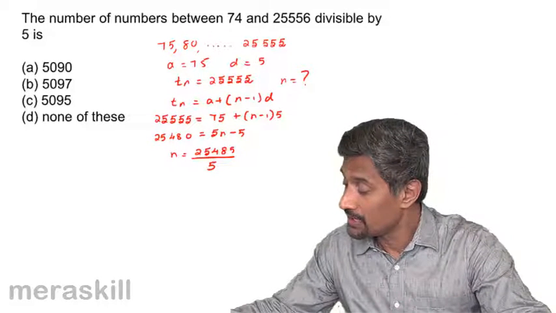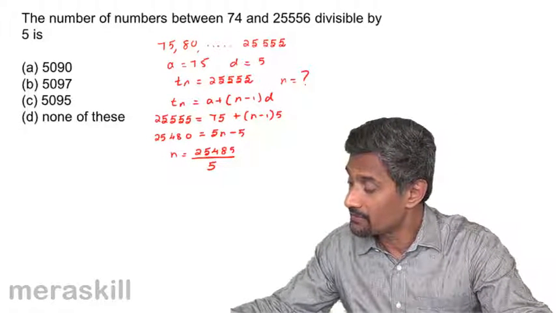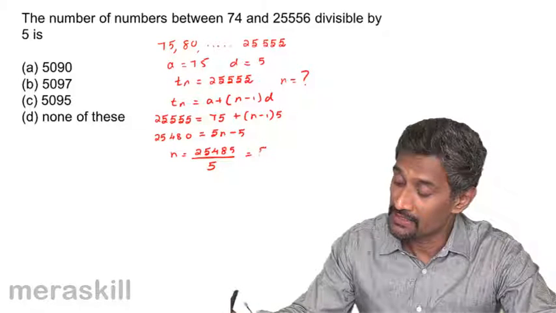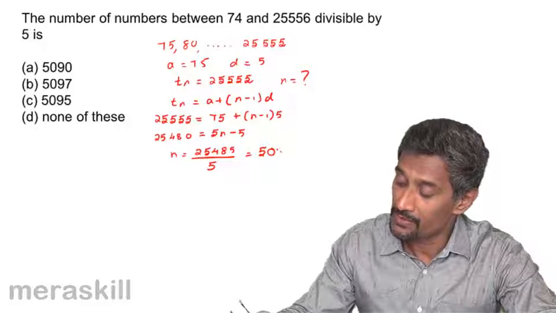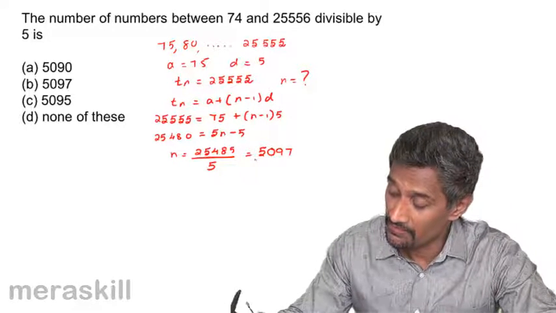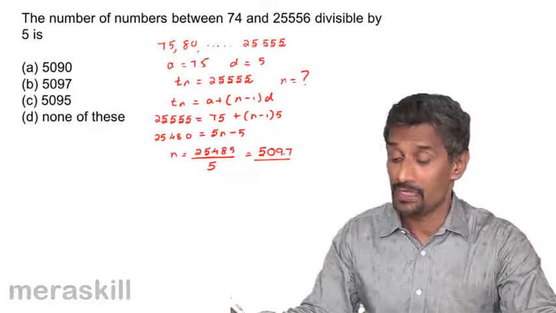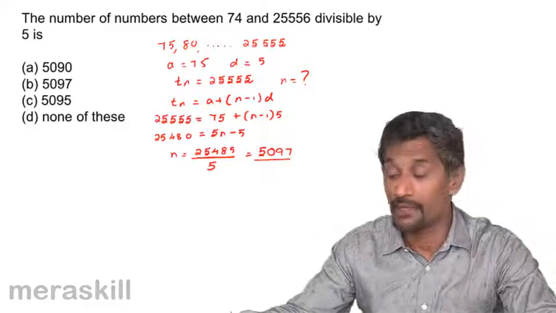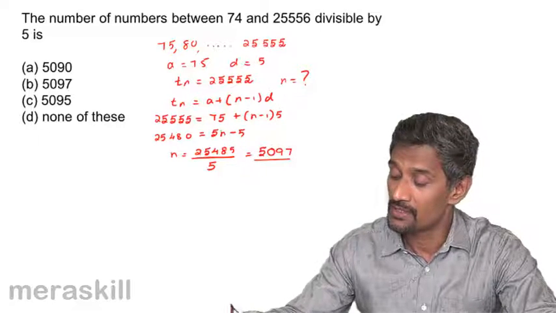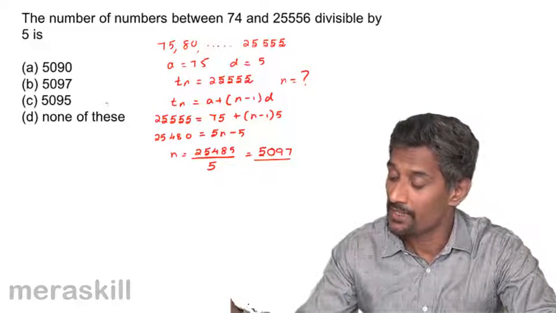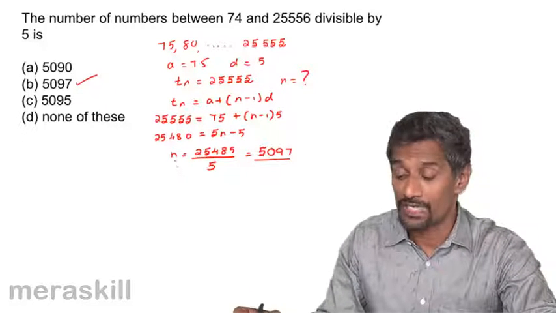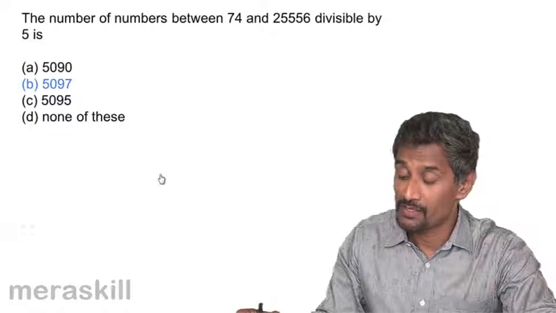What could that be? 5097. So there are 5097 numbers between 75 and 25,556, which are divisible by 5. So among these, this is our correct option. Yes, we do have it.